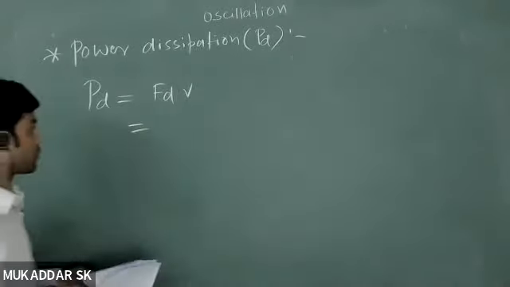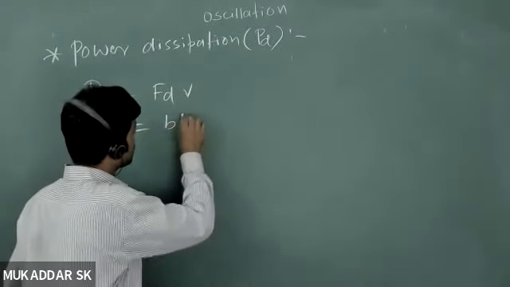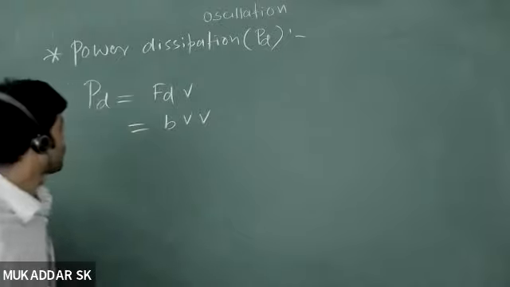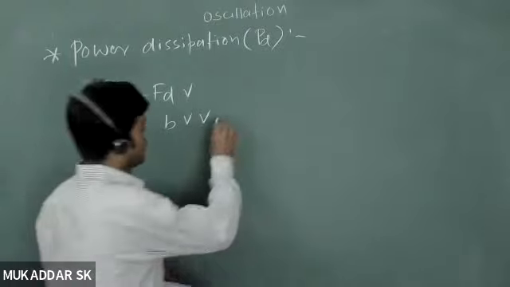So you know damping force is how much basically? B into V, right? So I'm not taking minus sign because I'll only deal with magnitude. So you know damping force is nothing but minus B into V. But for the time being, I'm ignoring minus sign because I'll take only magnitude value and I'll observe how much power dissipation is happening. So this is nothing but B into V square.